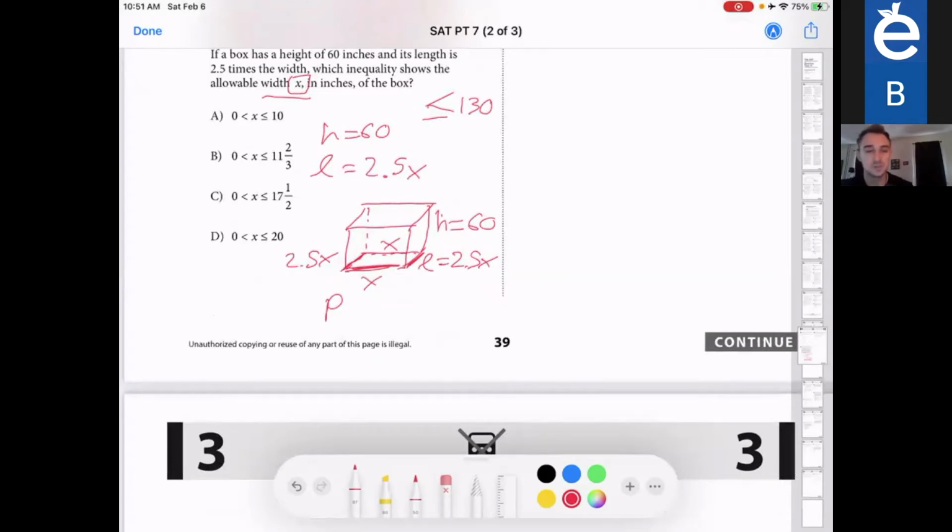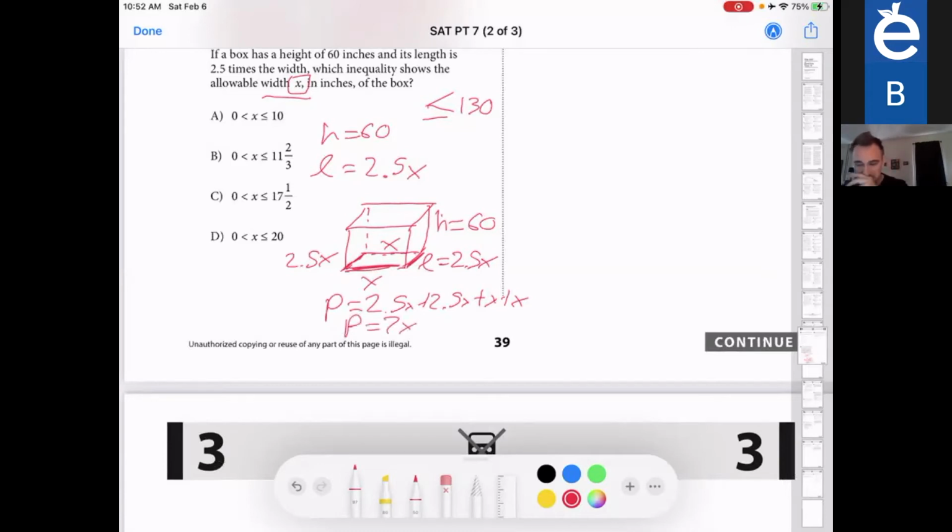It's 2 times the length plus 2 times the width, or you can just add them all straight across. So my perimeter here should be equal to 2.5x plus 2.5x plus x plus x. 2.5 plus 2.5 gives me 5, plus 1x plus 1x. My perimeter here must be 7x.